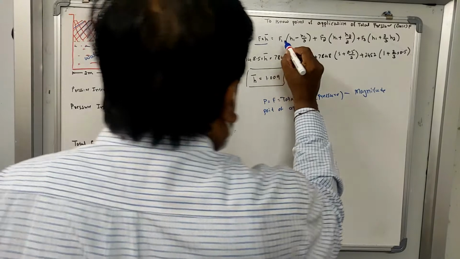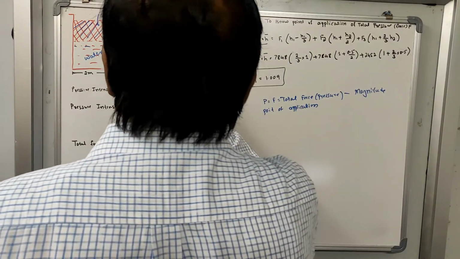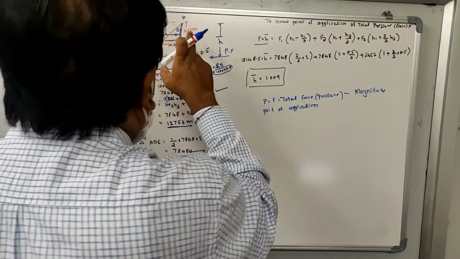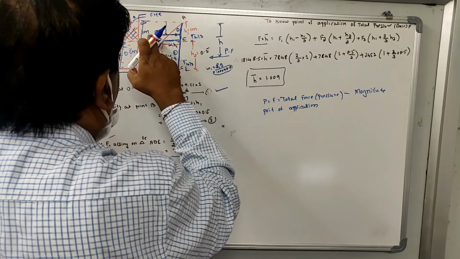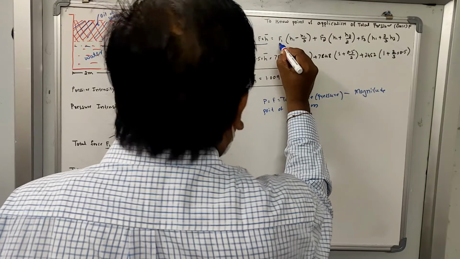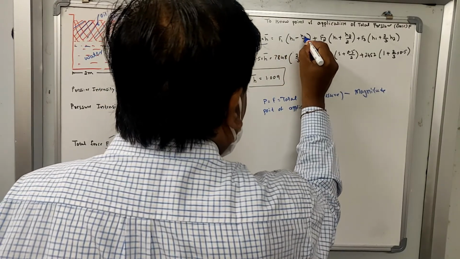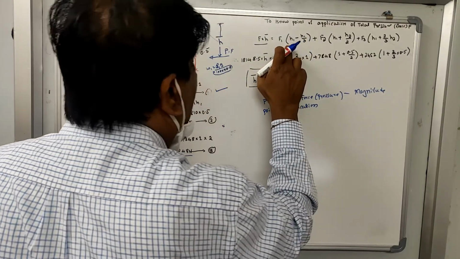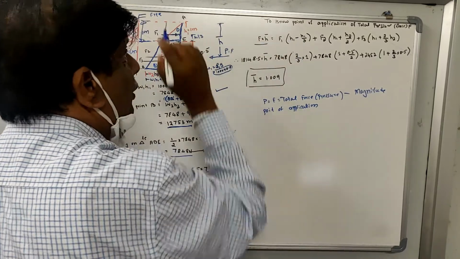So the moment of force F1 about point A is F1 multiplied by (h1 minus h1 by 3).